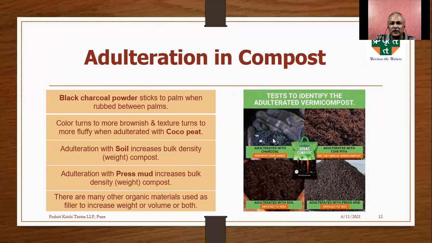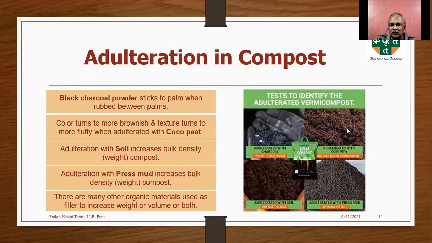If it is pure compost, you take it in your hand and squeeze, nothing will stick to the palm. Your palm will be as clean as before. That is the proper good quality compost. But with any kind of adulteration, if it is charcoal, it will make your palm black.